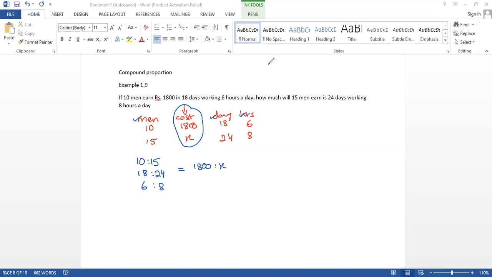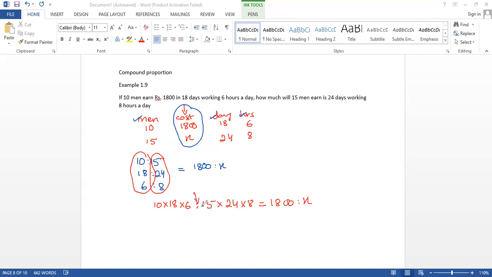Now the next step that I will do over here is that I'll multiply all of these numbers that I've written over here together. That means 10 times 18 times 6, and similarly I'll multiply all of these variables now. So 15 times 24 times 8 is equal to 1800 is to x. I'll write it in the form of fractions.